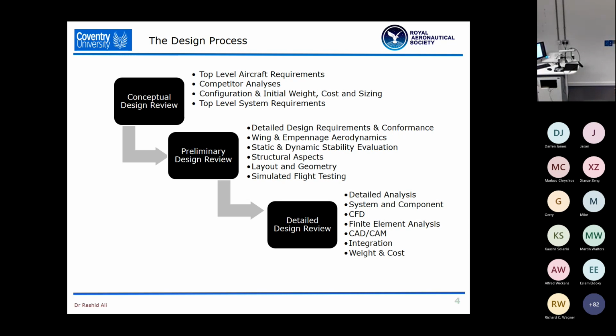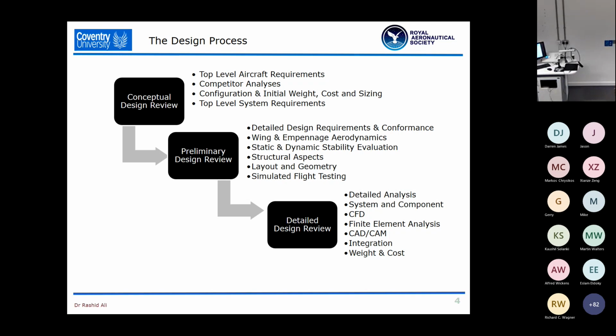So to get your design in the correct, let's say, ballpark, you need to make some early design choices. And those design choices are normally done at the conceptual design review stage.